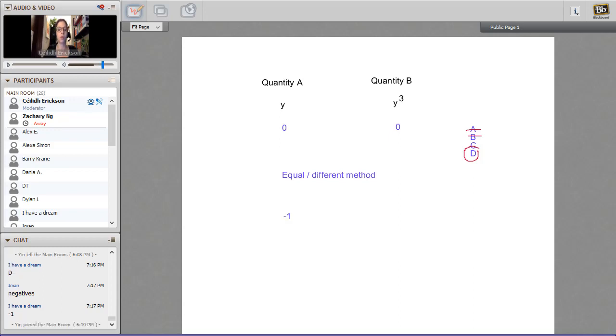Because -1 cubed is also -1. All right, how about -2? When we cube -2, we get -8, right?